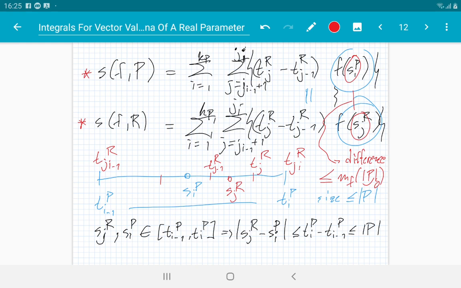When I'm adding up over a small interval in the partition R, that small interval is contained in a larger interval in partition P. But the larger interval still has a size that's bounded by the size of P. That means the distance between the mark in partition P and the corresponding mark in partition R is not more than the size of P, and therefore the difference in values of f is not more than the modulus of continuity computed at the size of P.